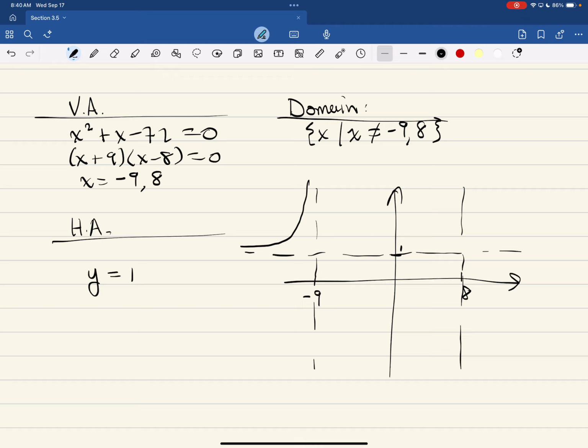Now, a little bigger than -9, this is now going to be positive. This is still negative. And so we're going to be negative along this asymptote. And then we need to see if we go up or down along this one. We could possibly cross.